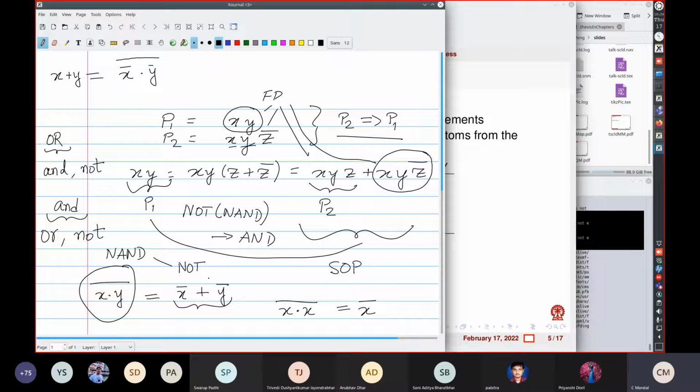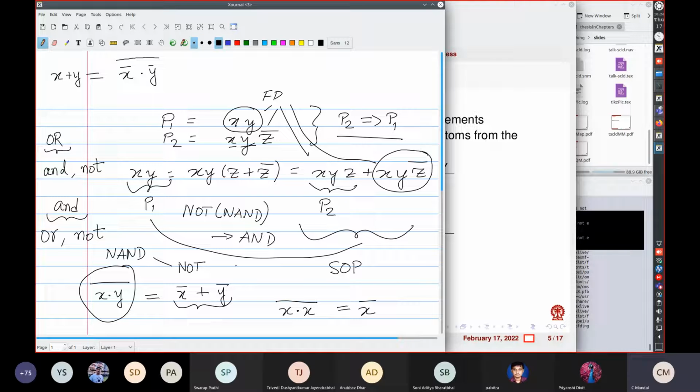Alright, so as you can see, using NAND, you can realize both NOT and AND. And NOT and AND is enough, because using NOT and AND, you can realize OR also.